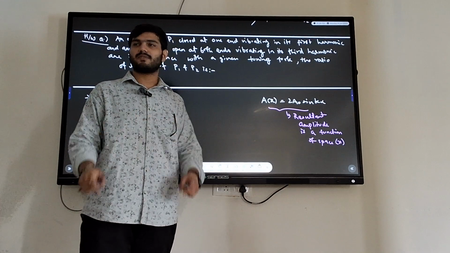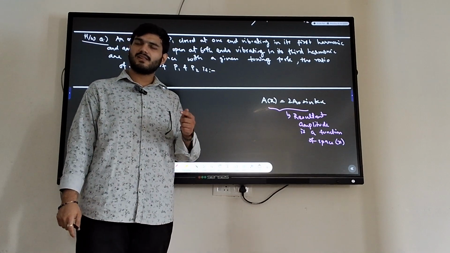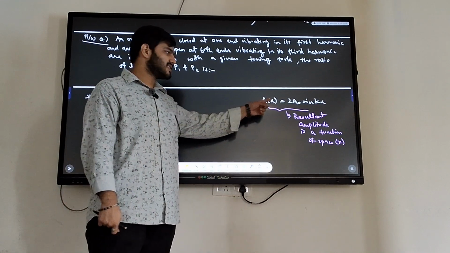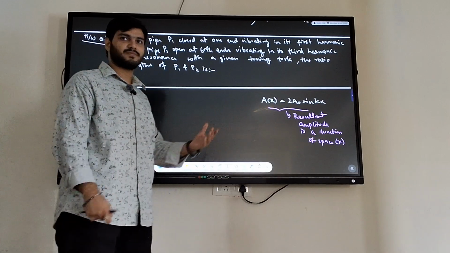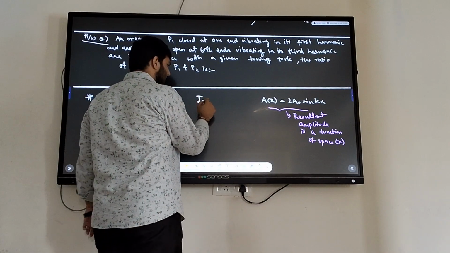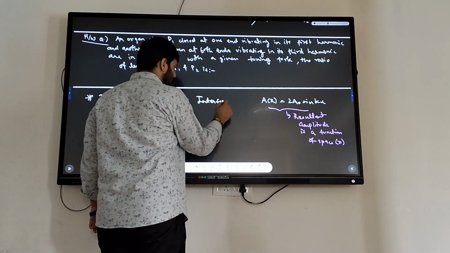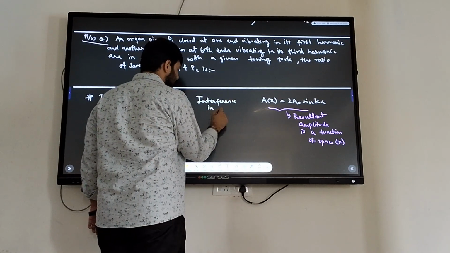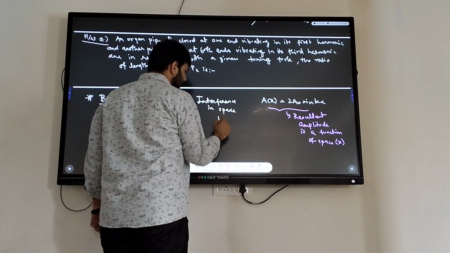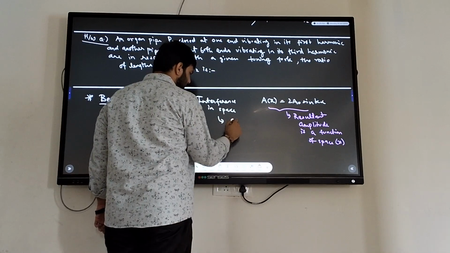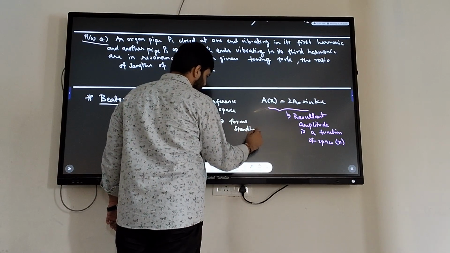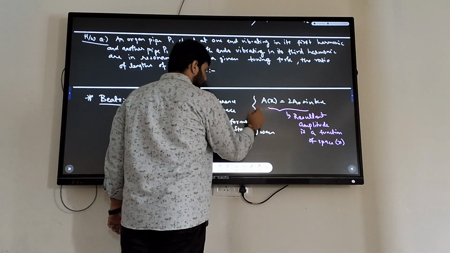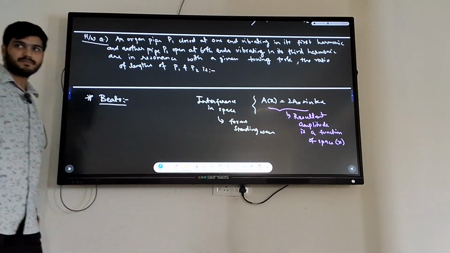When two waves interfere. If your interference pattern is giving you an amplitude which is a function of x, then it's called interference in space. So interference in space forms standing waves. We already know all of this and this is the final result that we get.